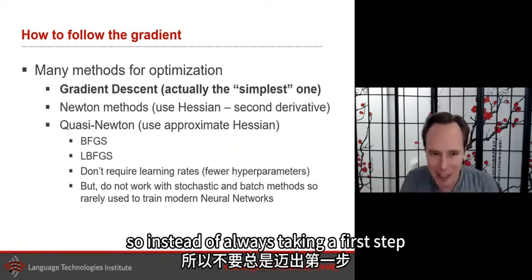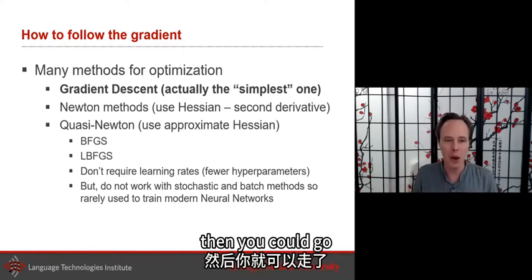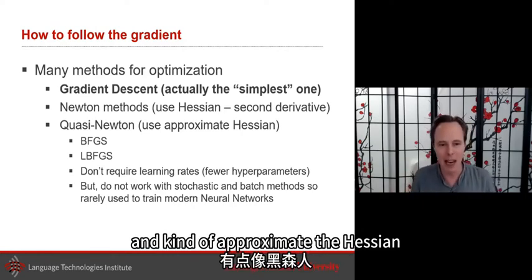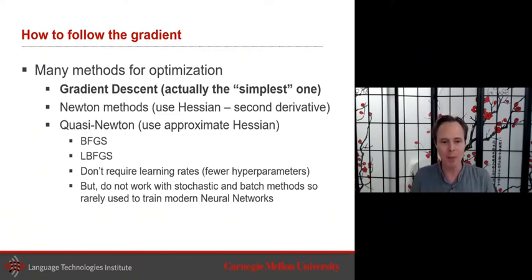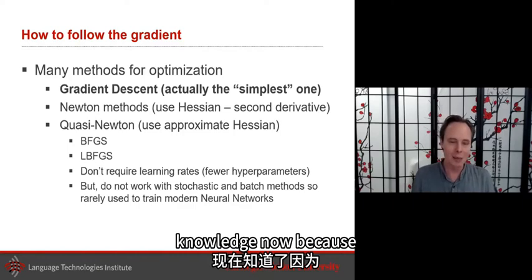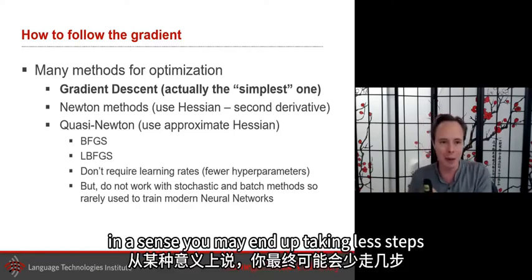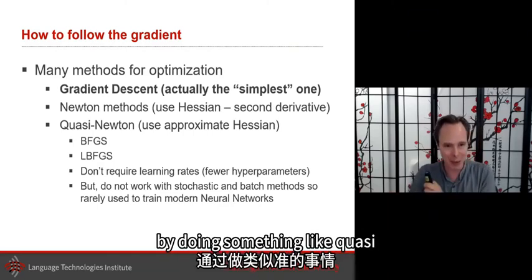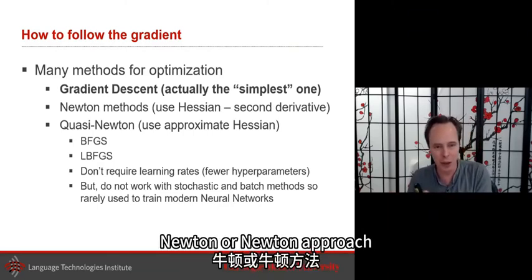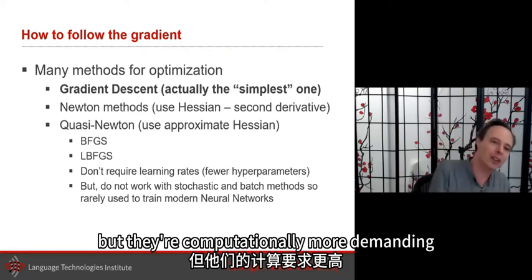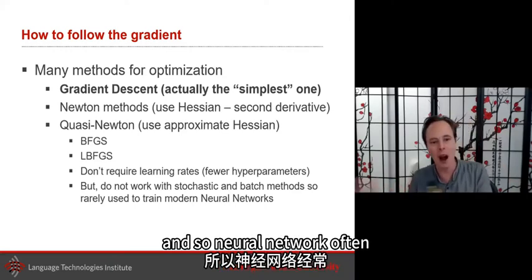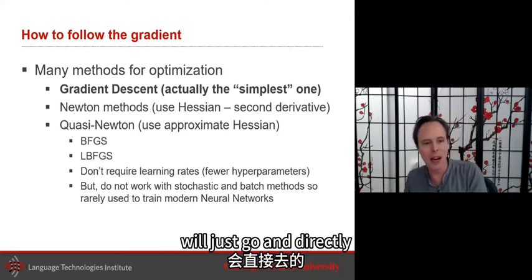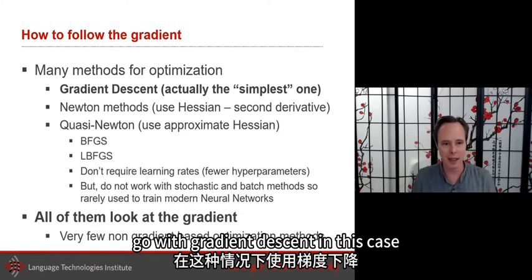So instead of always taking a first-order step, you could approximate the Hessian, and that will hopefully give you better knowledge. In a sense, you may end up taking fewer steps by doing something like a quasi-Newton or Newton approach, but they're computationally more demanding. And so there's a trade-off, and neural networks often will just go directly with gradient descent in this case.